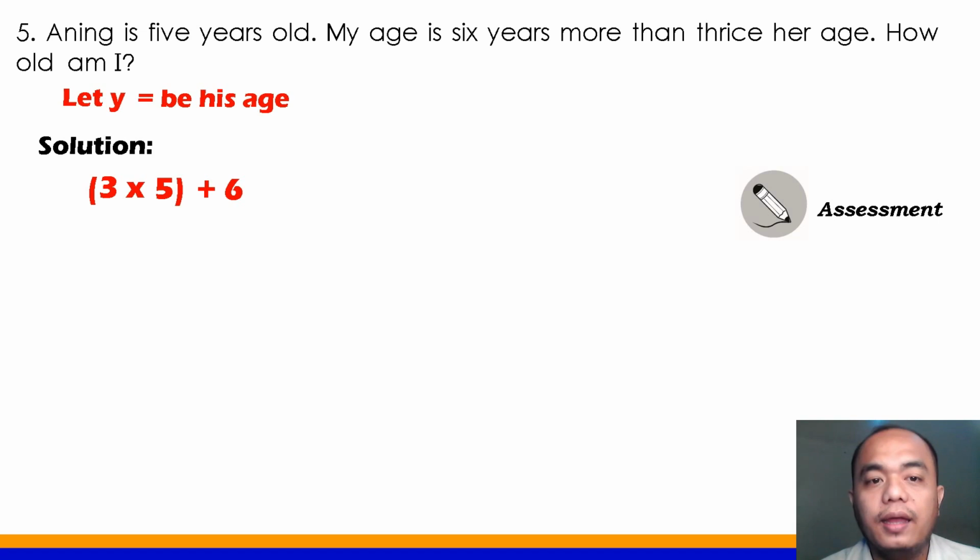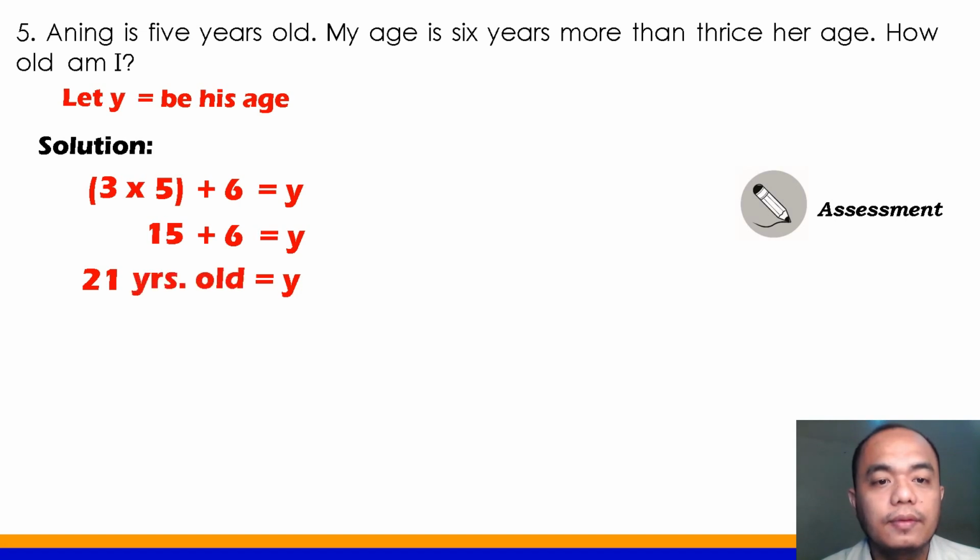Okay? And then, plus 6 will be his age. So, 3 times 5 equals 15, plus 6 equals Y. And then, that's 21. Okay, years old. So, we have 21 years old is his age, no? Kung sinong tinutukoy dyan sa problem.